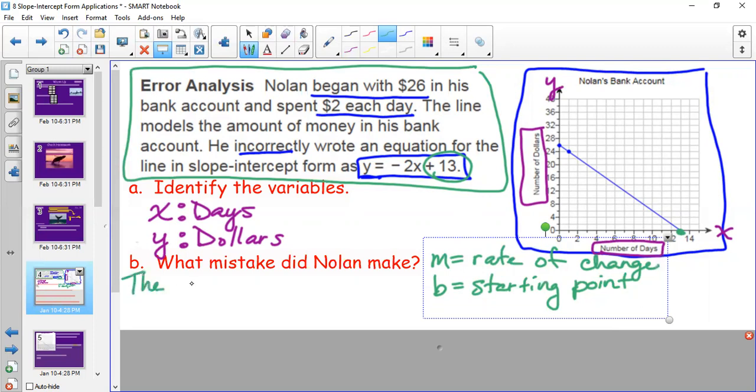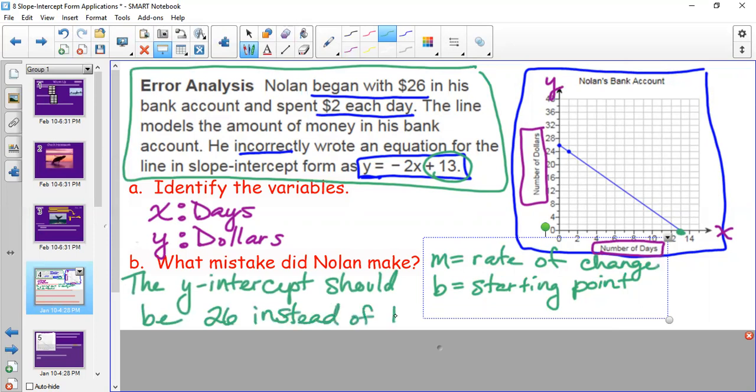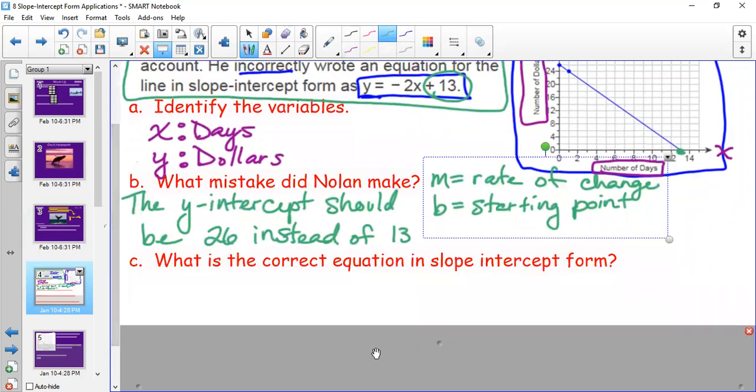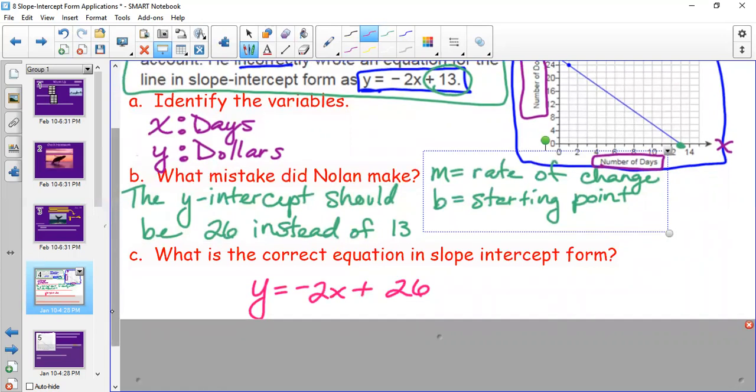So here I'm going to put the y-intercept should be 26 instead of 13. Okay, so what should the correct equation be? Well, we just said what it should be. y equals negative 2x plus 26.